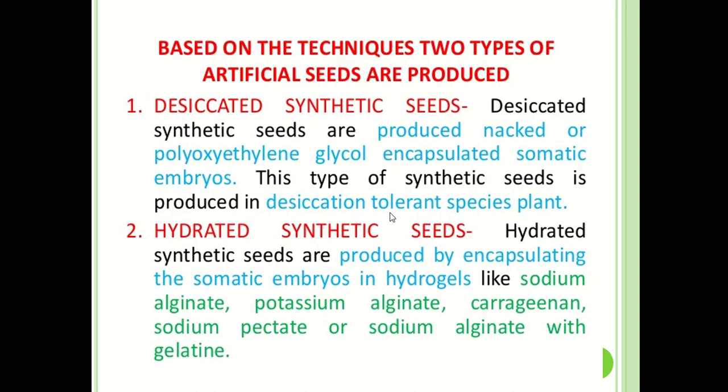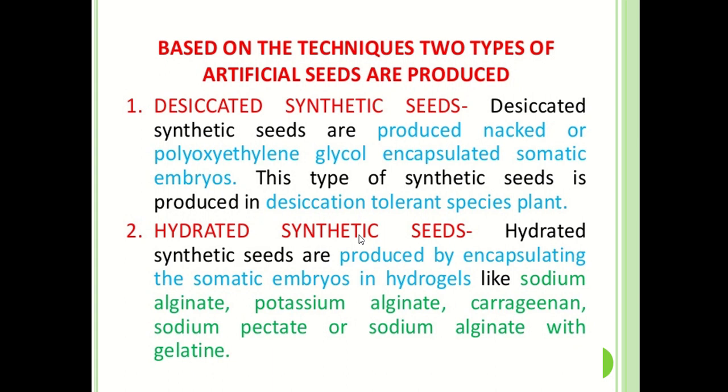In the desiccated type, these seeds are produced naked or as polyoxyethylene glycol encapsulated somatic embryos. So the somatic embryo is encapsulated in polyoxyethylene glycol and it is produced in desiccation tolerant species.